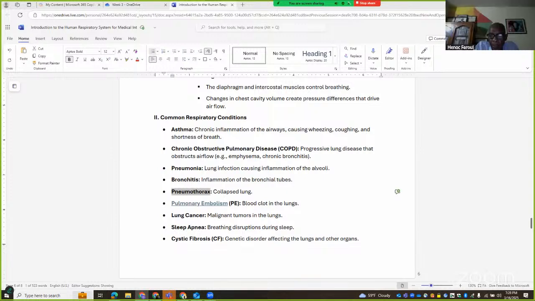What does collapsed mean? Means collapsed. Means the lung has collapsed.